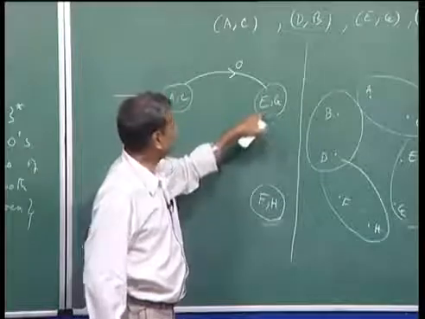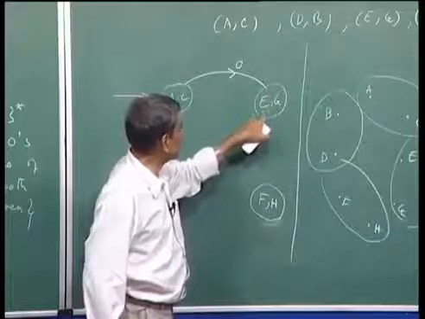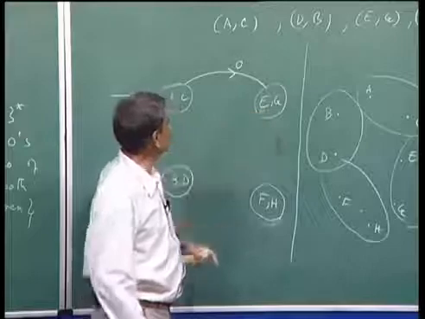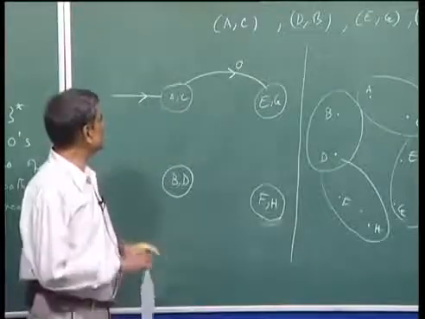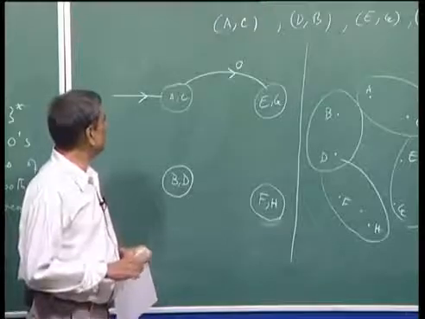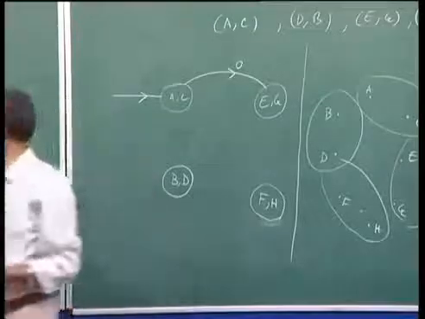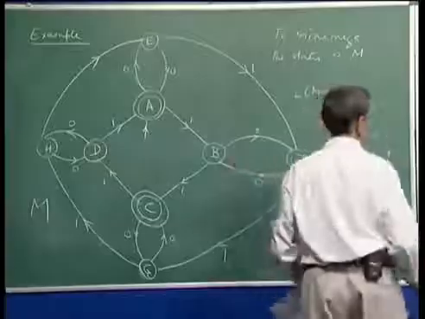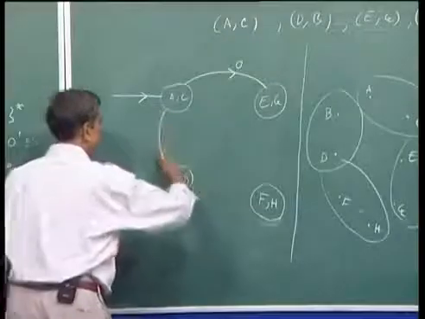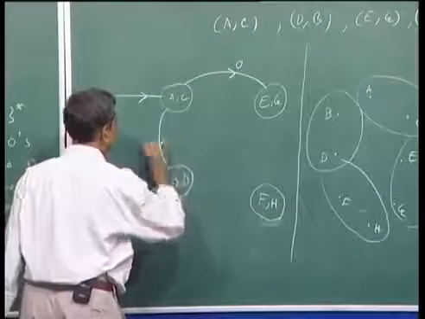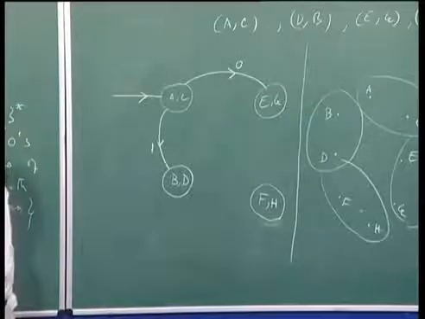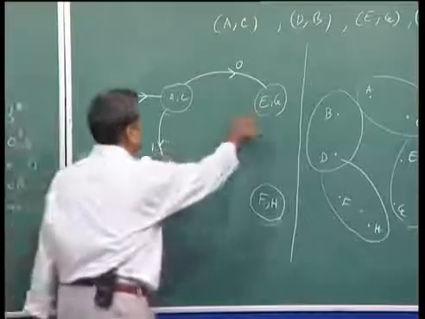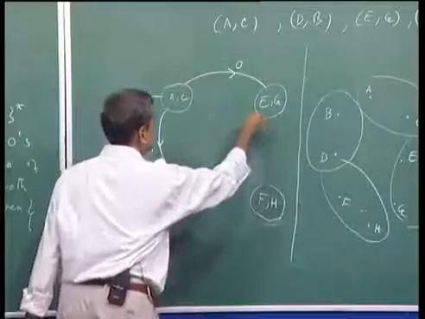So, this is the state which corresponds to EG, E is here, so on 0 we are here. And similarly from A on 1, where do you go? A on 1 you go to B. So, we will put this transition here.